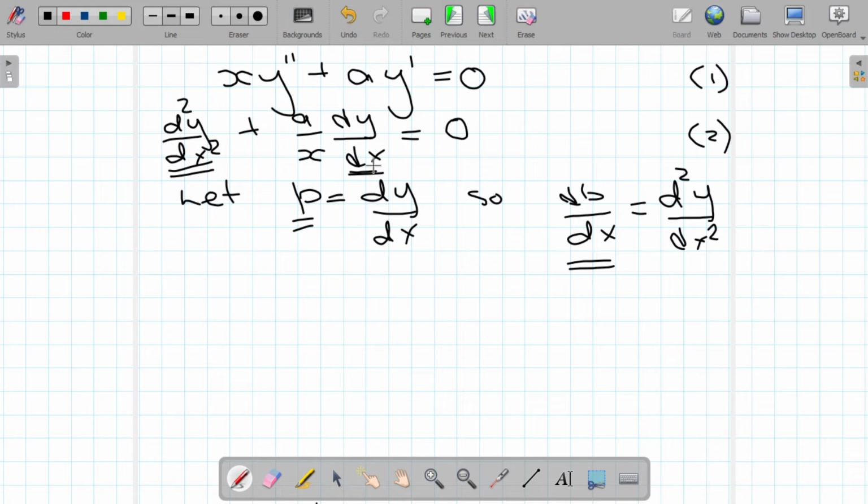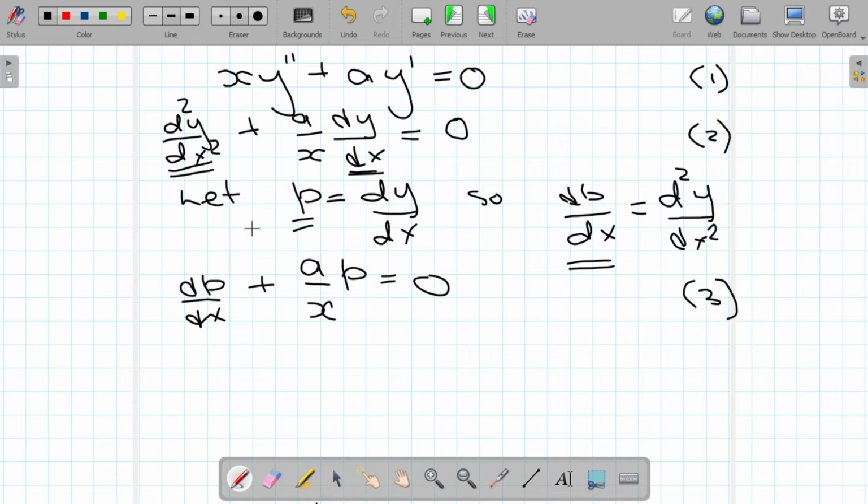So what we have is dp by dx plus a over x times p, and that's equal to 0. And we'll call that equation 3. Now, there are two ways of solving this.